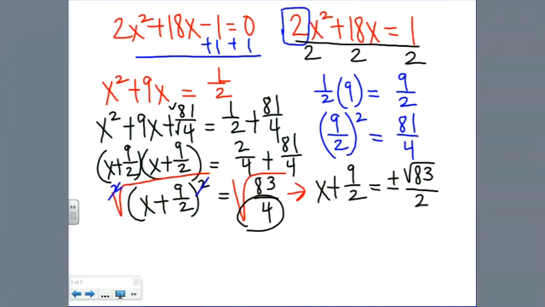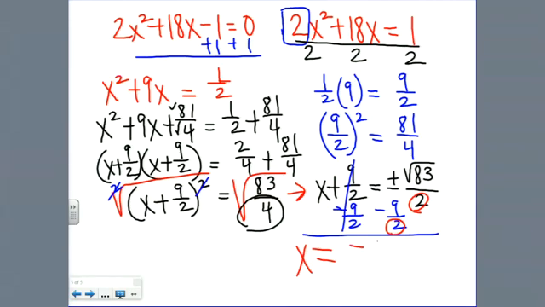Now, the last step to get x by itself, subtract 9 over 2 from both sides. And because on the right side we have the same denominator, we can write our answer as one big fraction. So our solution set is negative 9 plus or minus the square root of 83 all over 2.